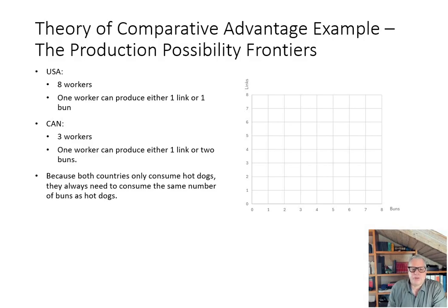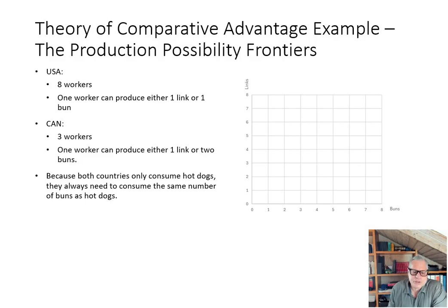And the first thing we need to learn is the concept of a production possibility frontier. So let's start with the United States. And we need to ask the question, what production possibilities does the United States have? So the United States has 8 workers. And one worker can produce either one link or one bun.